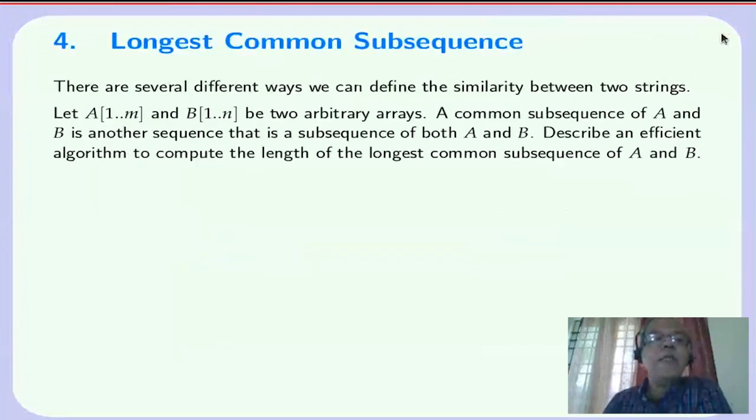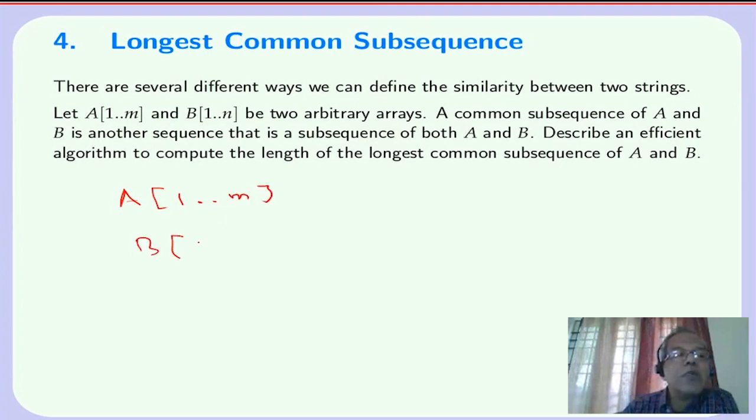We are almost done. A related problem is this. What we have just now considered is the longest increasing subsequence. There are several different ways we can define similarity between two strings. Suppose we have a sequence A[1 to m] and B[1 to n]. We have already defined the word subsequence.